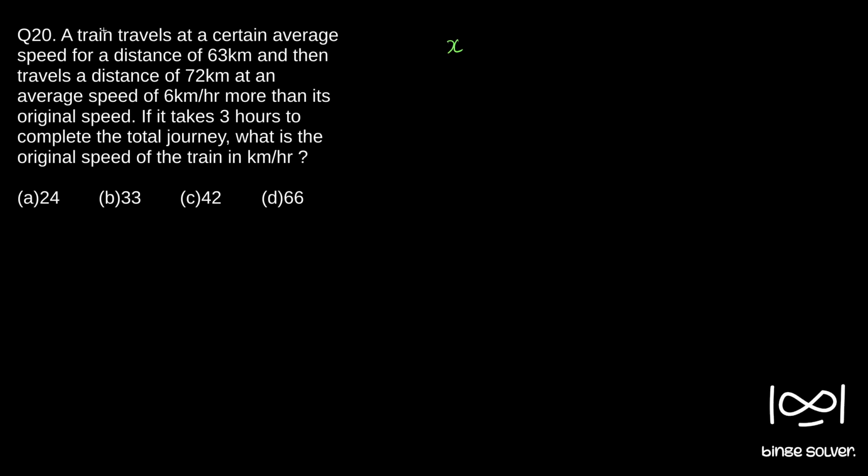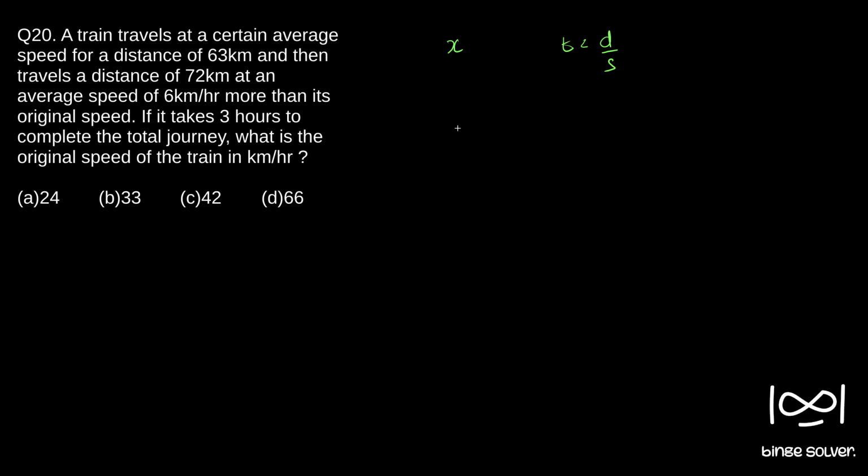The train travels at an average speed of x for a distance of 63 kilometers. We are going to use the simple formula: time is equal to distance by speed. That is the only formula that we need. It says the total time taken is 3 hours.